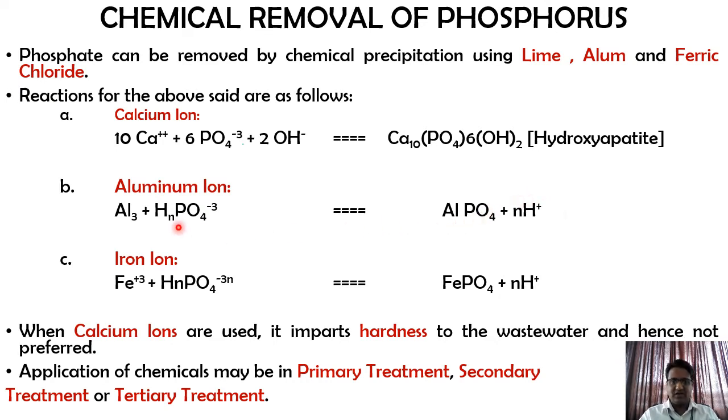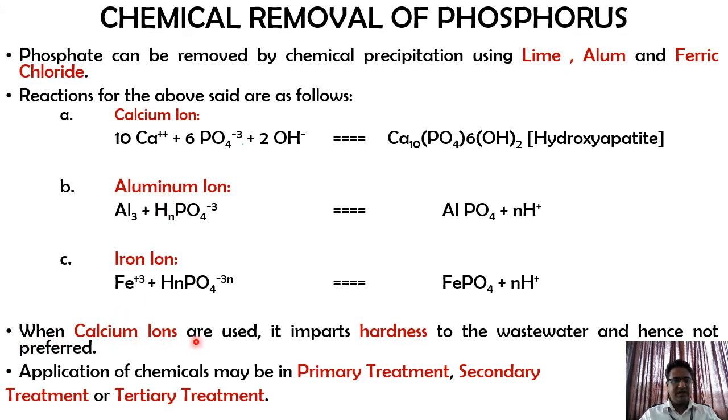So phosphate in dissolved form, connected to some element, is converted into aluminium phosphate, which is going to be a precipitate. Similarly, with the iron ion, iron plus HnPO4 gives iron phosphate plus nH plus. Again, this may be any compound the phosphate was initially connected with.